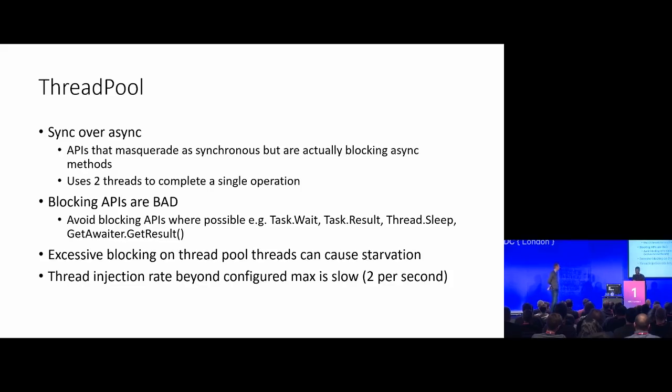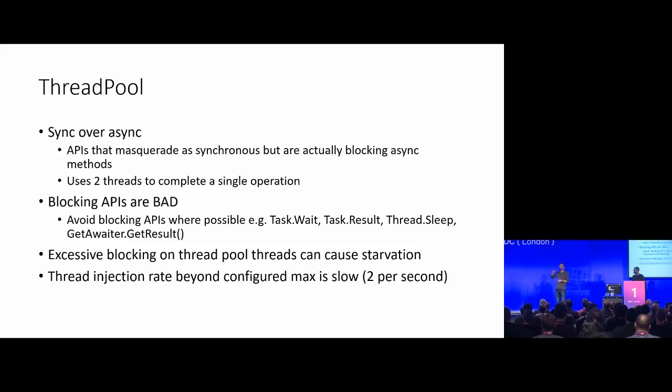So we add threads at a very slow rate to prevent overscheduling. That's kind of the issue with sync over async in the first place, because you block more threads, and then we inject more at a very slow rate so you don't kill yourself with the work. But that assumes that the work's going to back off. It's all done on the assumption the work's going to back off.